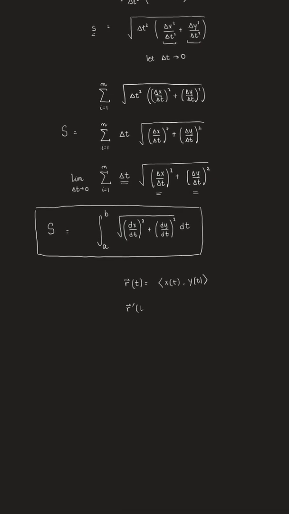The derivative of our curve will be x prime, or dx/dt, dy/dt. If you notice the quantity that we have here, you've seen this before. The square root of components squared, that's the magnitude. So the magnitude of r prime of t is just the square root of each of these derivatives squared and added up.